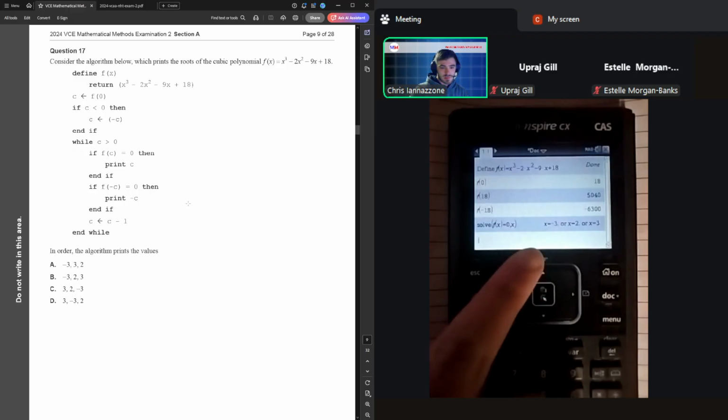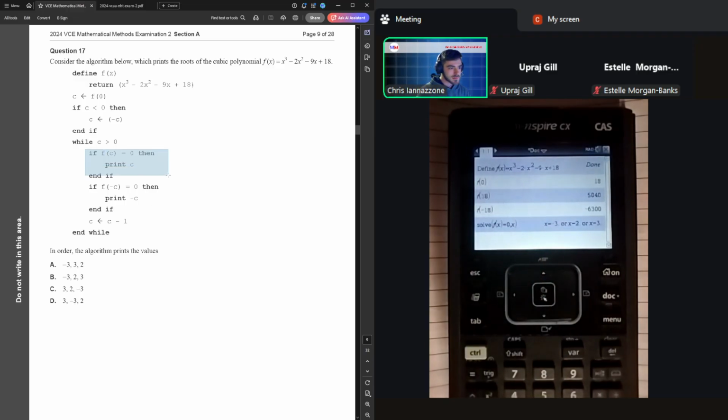Because you've got plus minus 3 in here, it's going to chuck out 3 as the first one, -3 as the next one, and then you're going to get the 2 at the end. So the only thing to clarify there was that just because one of these statements ran doesn't mean the other one cannot run either. Fair enough, why it's going to end up being D in this case.